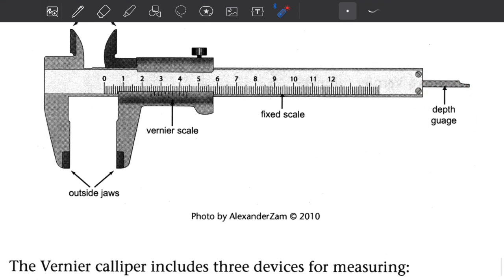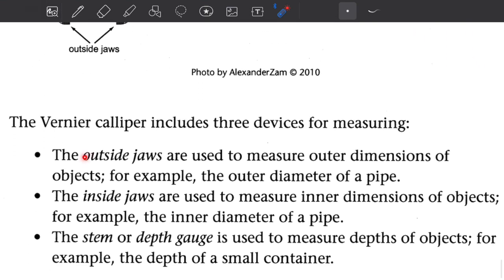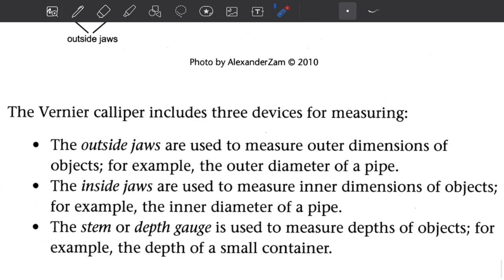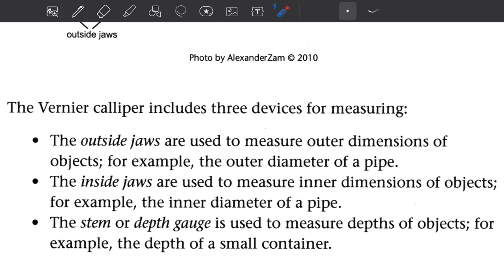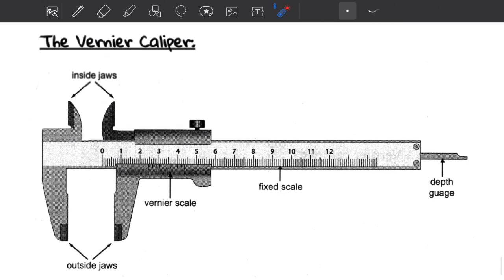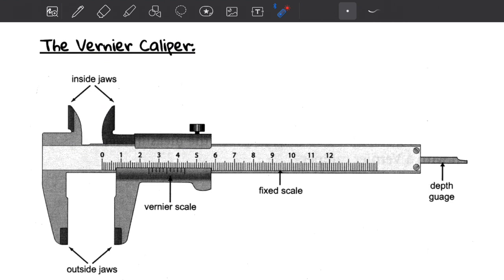Okay. Now, here I explain what each of those does, so you can pause the video and read them. But I'm going to explain them verbally right now as well. So the outside jaws go on the outside of a circular object. So let's say I have a pipe and I want to know the diameter of this pipe. I would put these jaws on the outside of the pipe and then tighten them so I can take an accurate measurement.